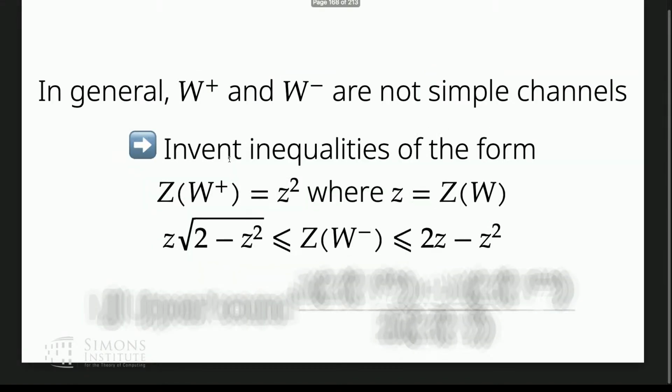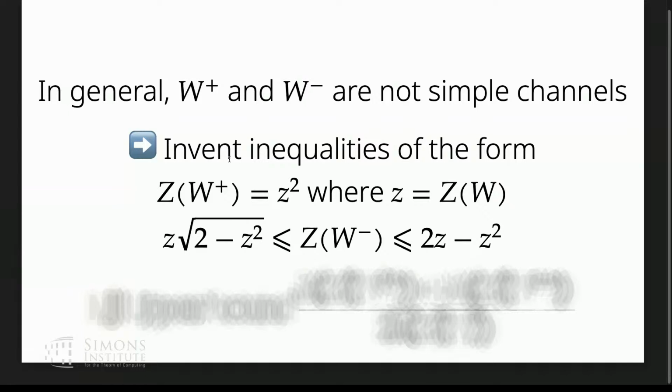Okay, so these two channels are not simple channels. Not being simple means that you have to invent new inequalities where you try to find a function. First of all, you find a function that can evaluate your channel to a real number, and then you say, oh, I'm going to choose the Bhattacharyya parameter, because Arıkan chose the Bhattacharyya parameter.